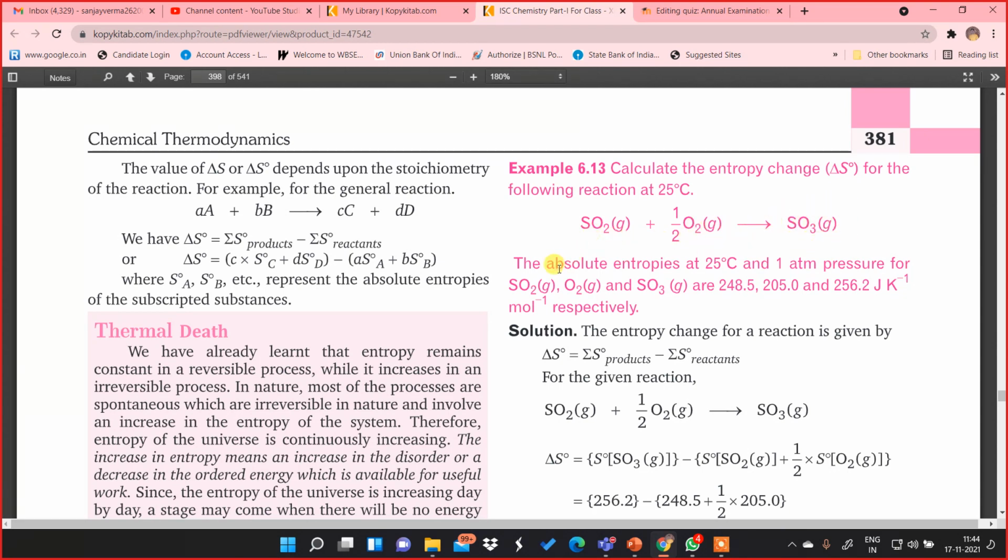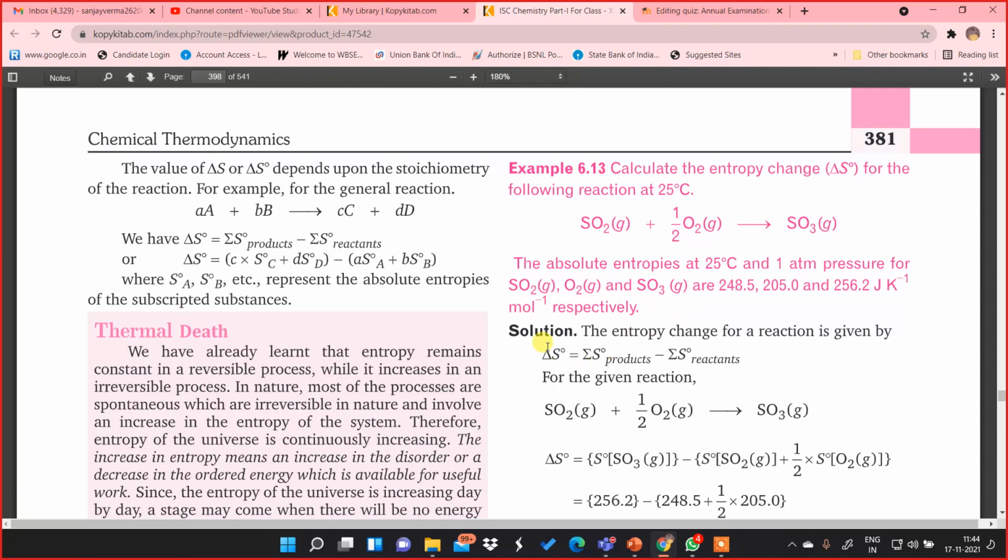The absolute entropies at 25 degrees Celsius and 1 atmosphere pressure for sulfur dioxide, oxygen and sulfur trioxide are given as 248.5, 205.0, 256.2 joules per Kelvin per mole respectively.